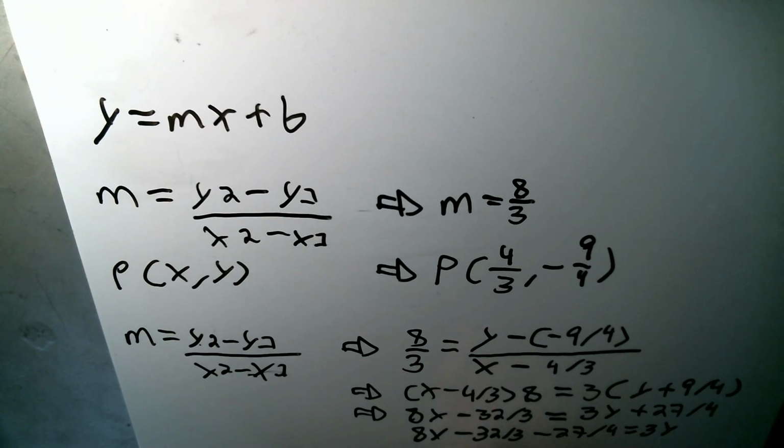So we're just going to make their denominators equal. So we get minus 128 twelfths minus 81 twelfths equals 3y.